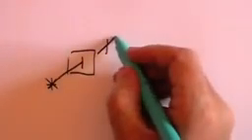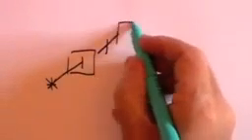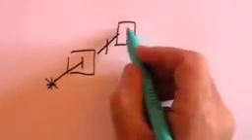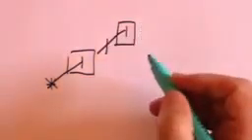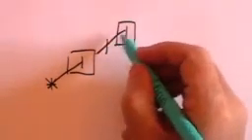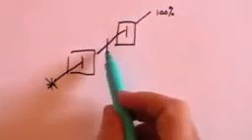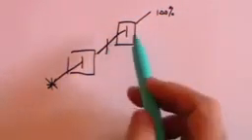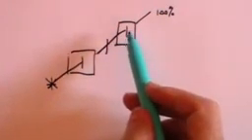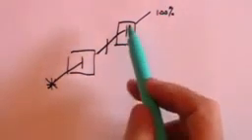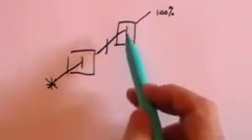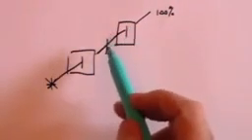If you then send it through another polarizer, which is also vertically polarized, then all of the light will get through. 100% of the polarized light gets through the vertical polarizer, because the polarizer is in the same direction as the light that is polarized.